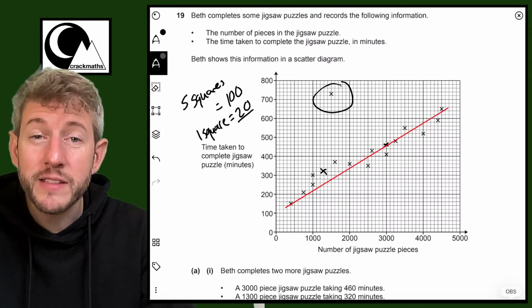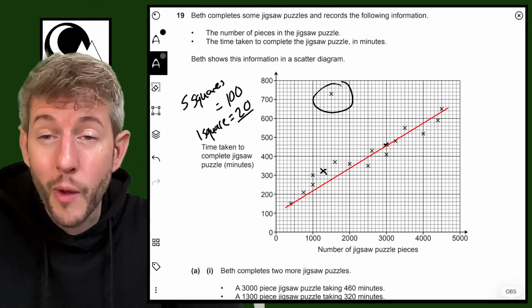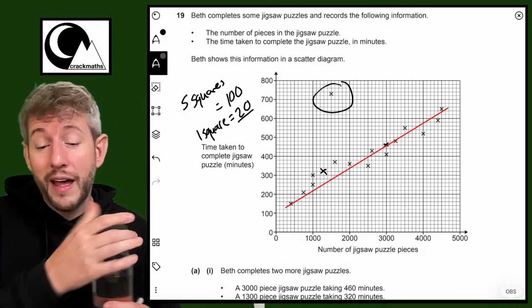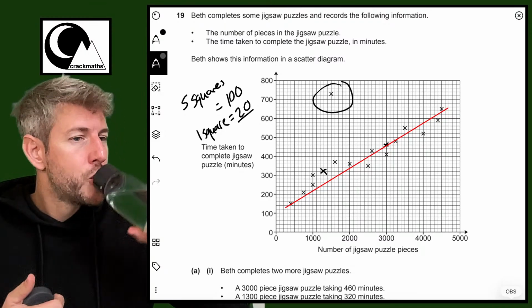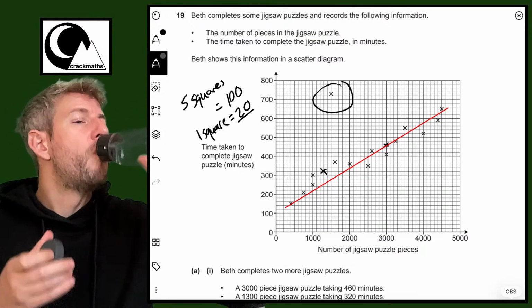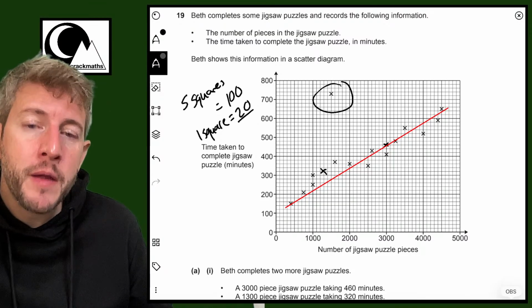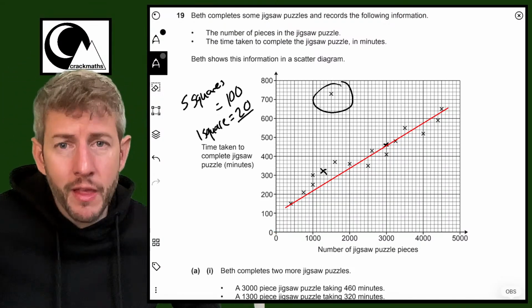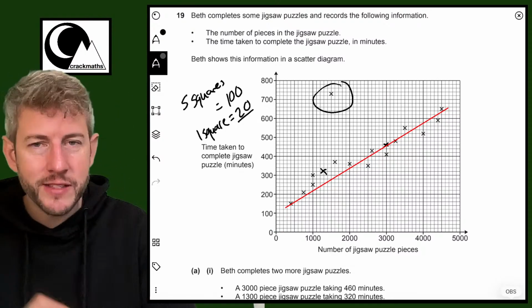It's always tempting to stretch this line beyond the data, but you shouldn't do it because you only ever know about the data values that you have. It could be that outside of this range, the correlation doesn't continue. So that's why I've drawn it like that. You also shouldn't force it to 0. That's also very bad.